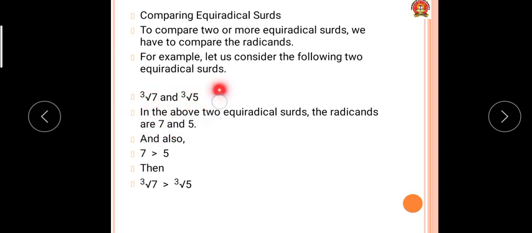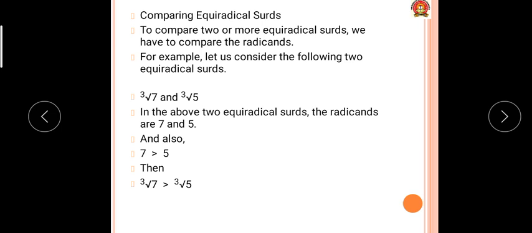If you take the cube of both sides, you will get 7 and 5. So 7 is greater than 5, and therefore cube root of 7 is greater than cube root of 5. Okay students, don't worry, the whole exercise is based on these concepts only.